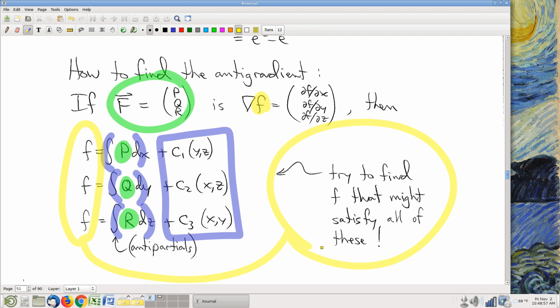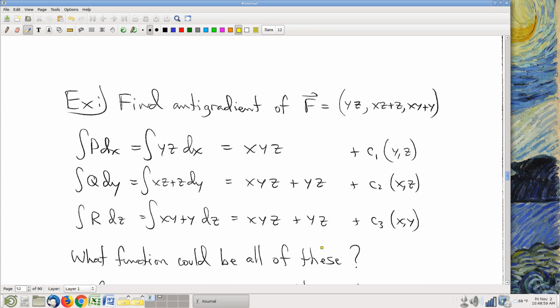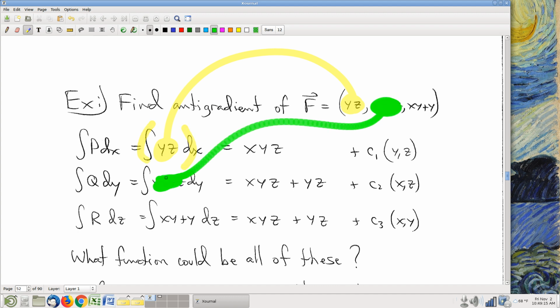Okay, so example. Let's find the anti-gradient of this function right here. Well, I'm going to follow the procedure. We're going to take the first coordinate and do an x partial. Then we take the second coordinate and do a y partial, and then the third coordinate and do a z partial.